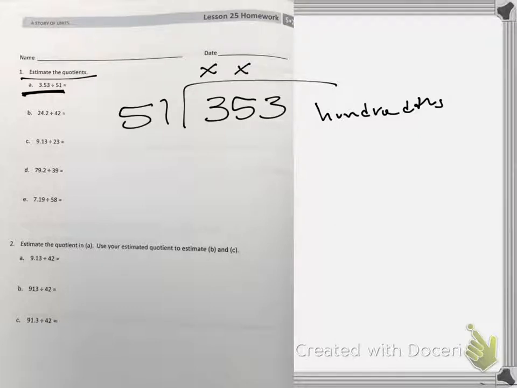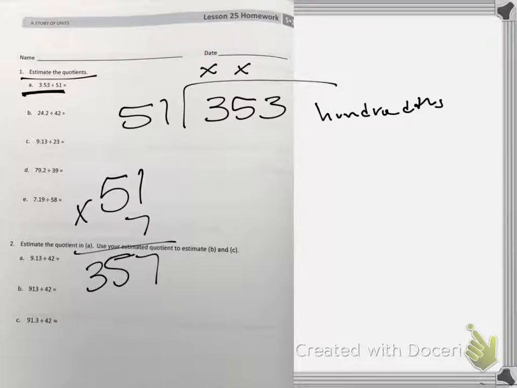We can't divide 35 by 51. We can divide 353 by 51. Now, again, they're going to have to think of what times 51 is close to 353. If they said 7, 51 times 7 is 357, so we'd have to do one less, 6 times, and get 306.